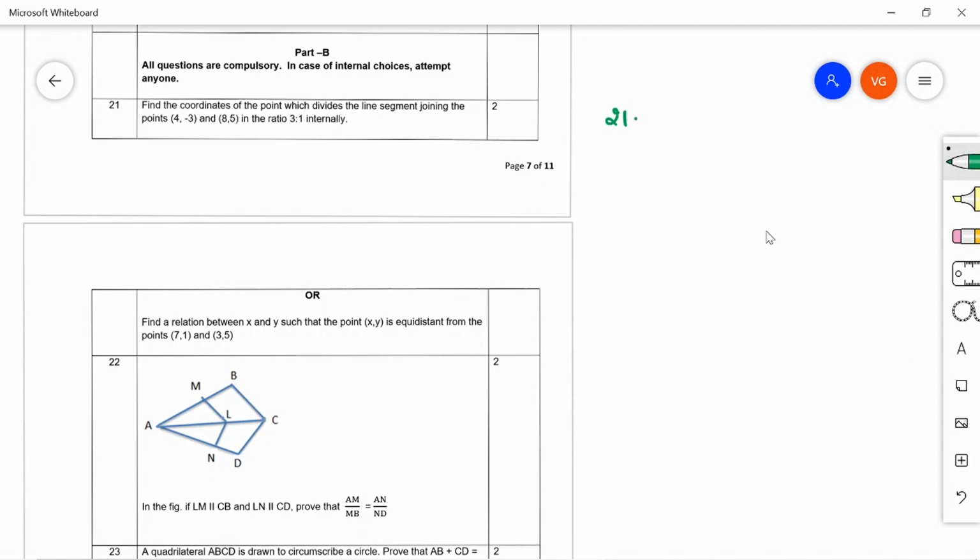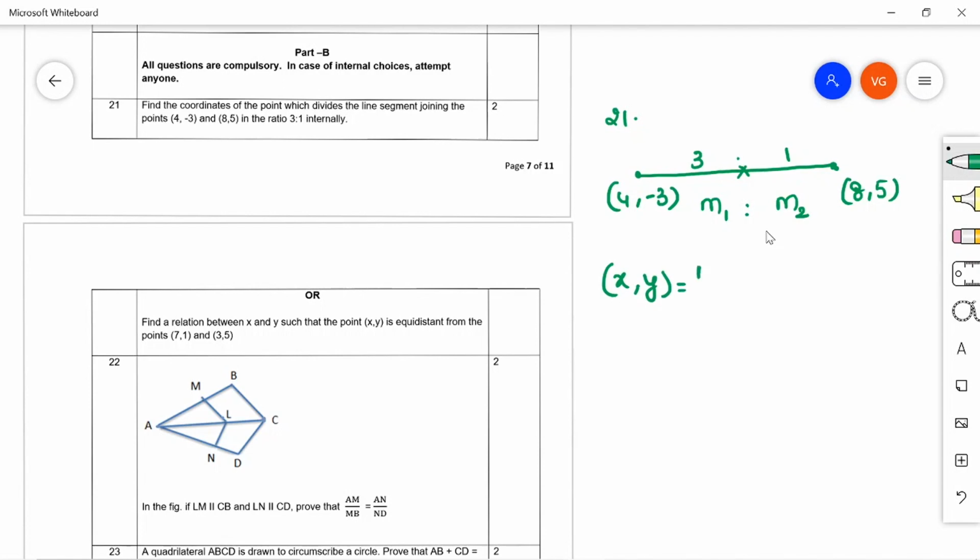So you are given with the 2 points. One is 4, -3 and the other one is 8, 5. So these 2 points are joined by a line segment. Now you have to find another point on this line such that it will divide the line into the ratio 3:1. So suppose say the ratio be m1:m2. So the point here is given by some x, y.